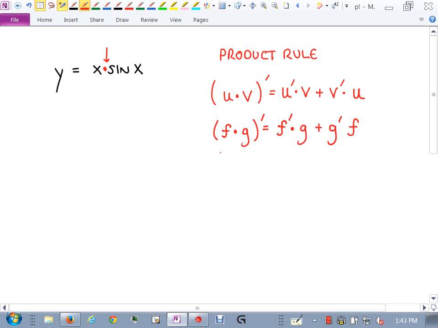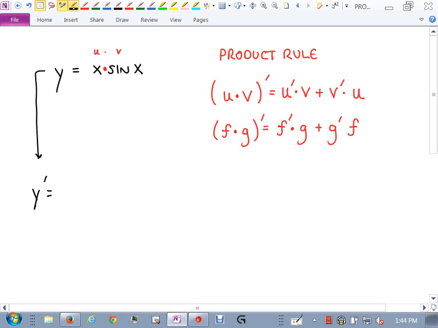All right, so for this one, the derivative here would be, and I'm going to go through some steps here. I'm going to label these. How about we call that x? That's like the x is my u and the sine x is my v.